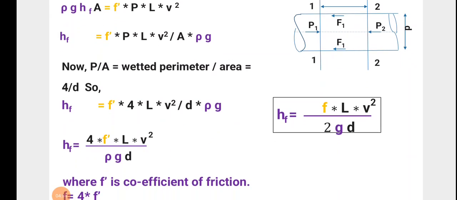Okay, now here we know that wetted perimeter by area, P by A, equal to 4 by D, that is the hydraulic mean depth relation. So after putting this value, HF will be F dash into 4 L into V square by D rho g.